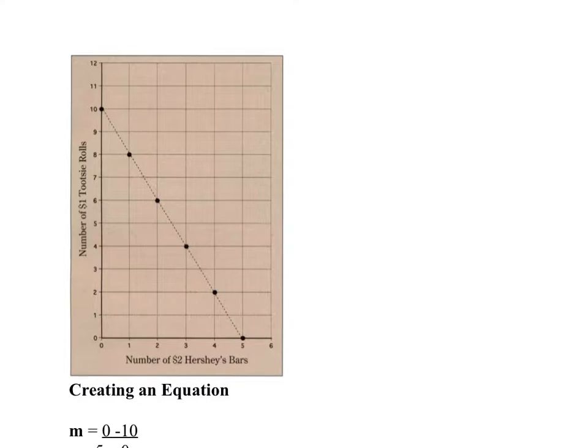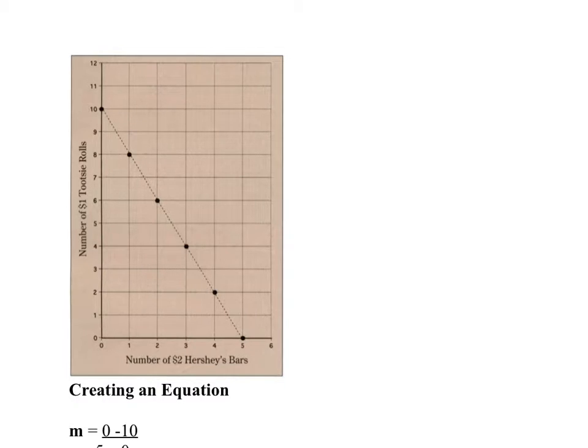Now, what I always tell my students is that we're dealing with a real world situation. So if we are dealing with a real world situation, then we are only going to use quadrant 1. And quadrant 1 tells us that both X and Y are positive.